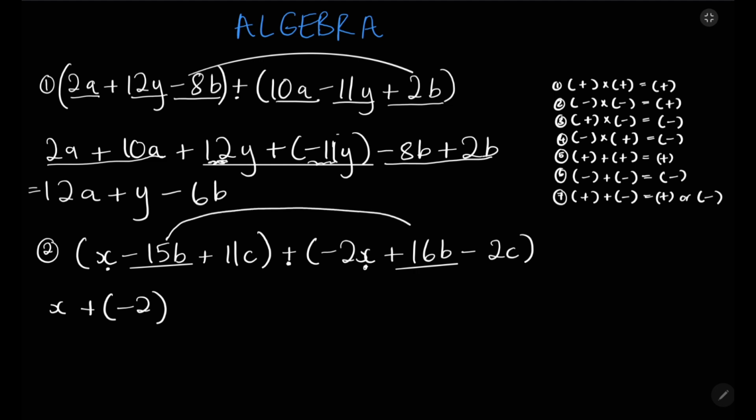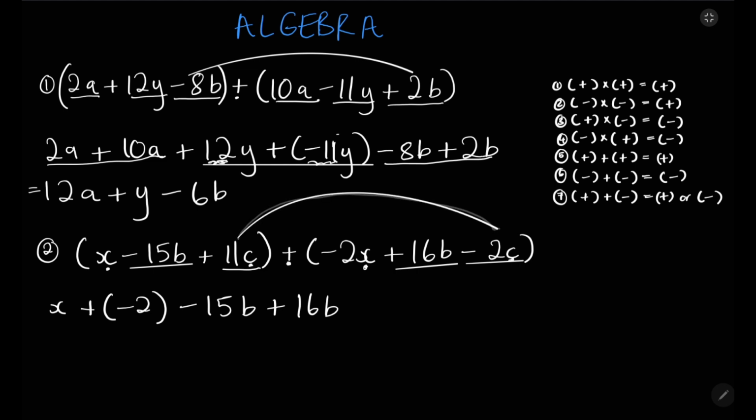So we'll say minus 15b plus 16b. We are left with 11c and minus 2c. Are those like terms? You have c and c. They are like terms. So you'll say 11c plus minus 2c.